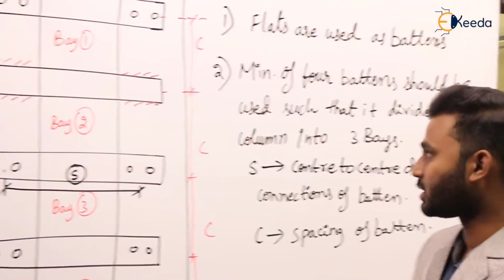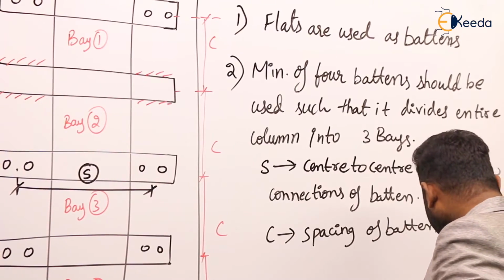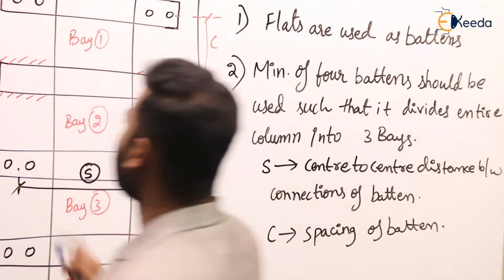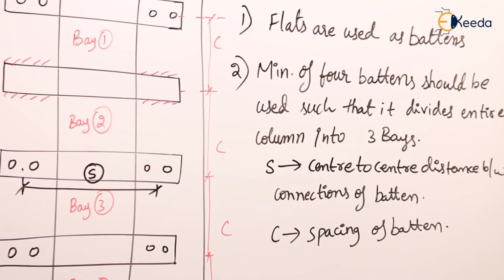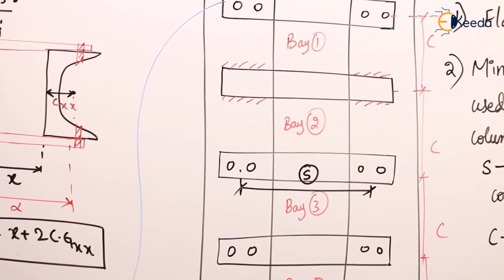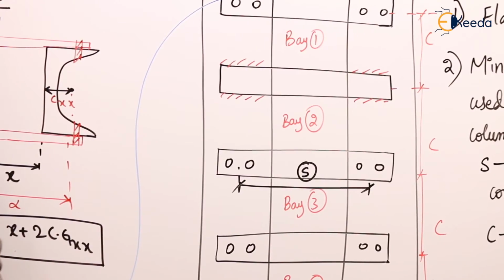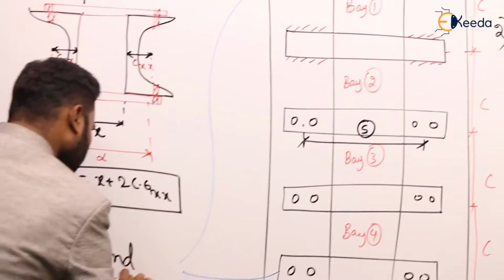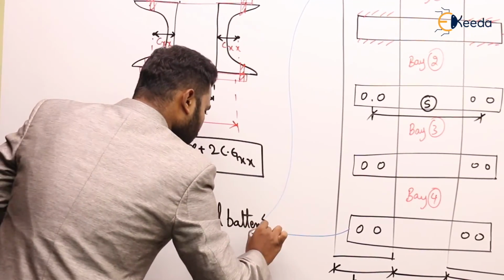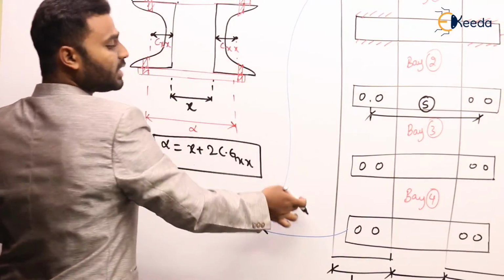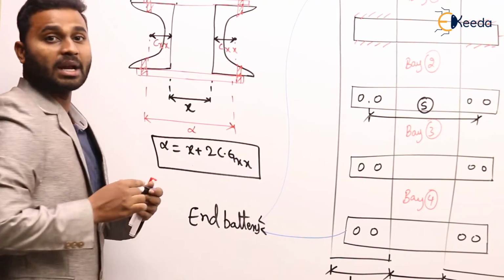And one more thing, let's look at the board. Here if you observe, these two are considered as top and bottom. These two are considered as end patterns. Obviously they are at the ends, so the top and the bottom are considered as end patterns.